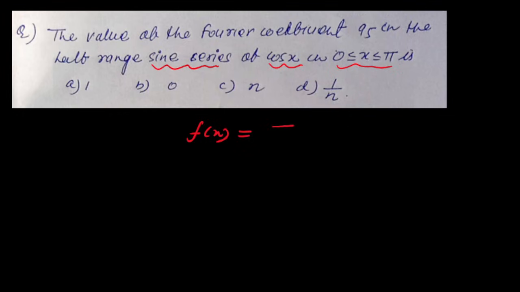The sine series of a function is given by summation n from 1 to infinity bn sine n pi x by c. So how can there be any an? There will be no an. So all the an will be equal to 0. So in particular a5 will also be equal to 0. Not a good question, but if they ask, you should be able to answer this.